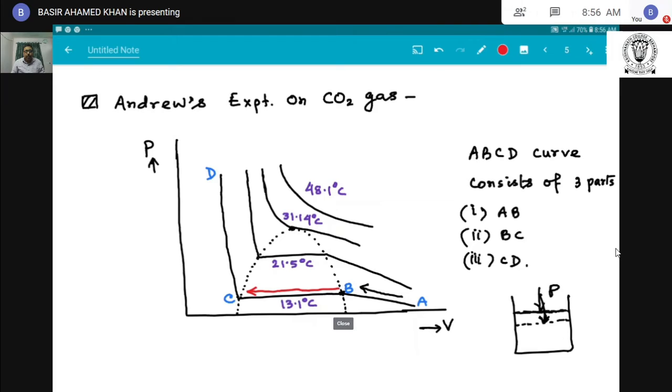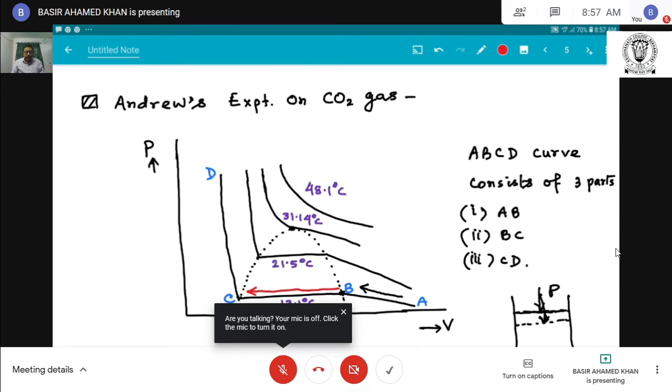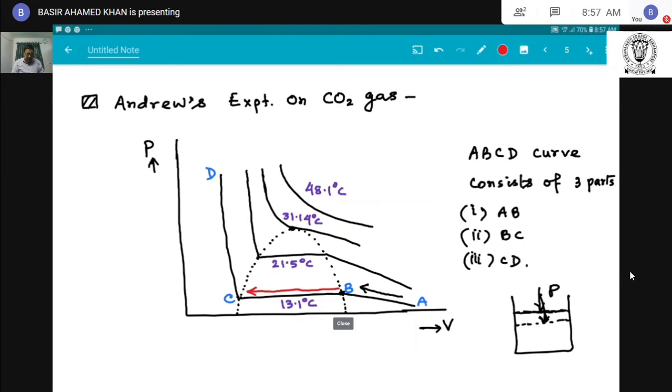When we go from B to C, pressure is constant but volume is decreasing. This happens because the gas starts to liquefy. Now at C, all the gas is condensed into liquid.